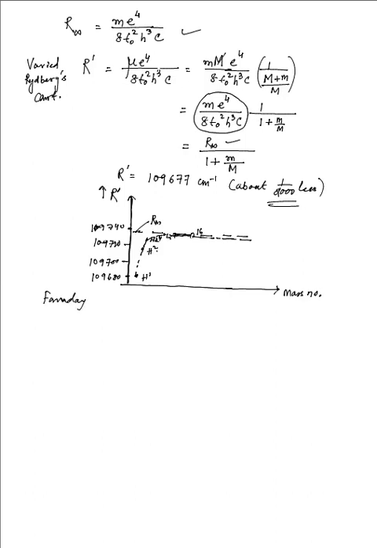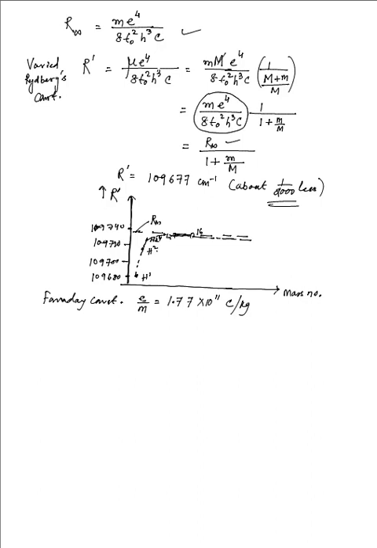It is the ratio of the charge of the electron to the mass of the electron, and that becomes equal to 1.77 times 10 to the power 11. There are a whole lot of calculations involved, but we are mainly concerned with the results.